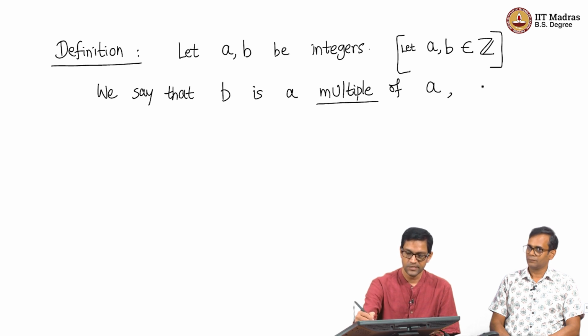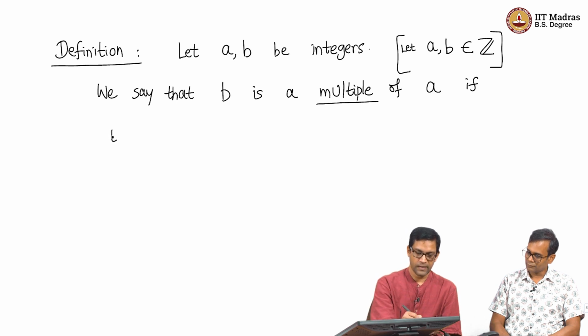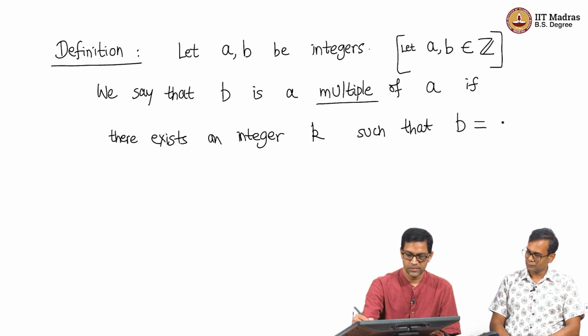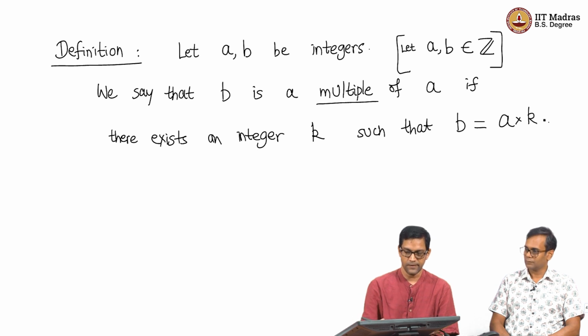So we say something is a multiple of another integer if the following happens. If there exists an integer k such that b is nothing but a multiplied by k. It's a product of a and k.